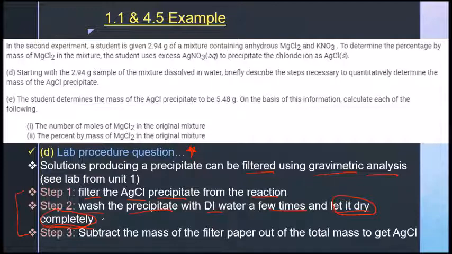Water, yes. We don't want water in there adding to the mass. Once you have the mass, then you can subtract out the filter paper to get the mass of the silver chloride. So these are the brief descriptions. You're not going into huge detail, but you're hitting the main points of the procedure for gravimetric analysis and filtration. And that's what you would want to do there.